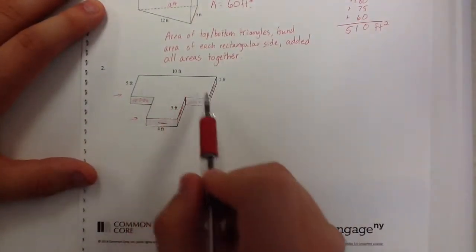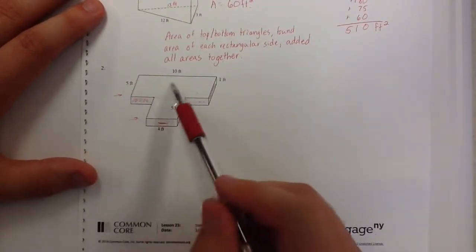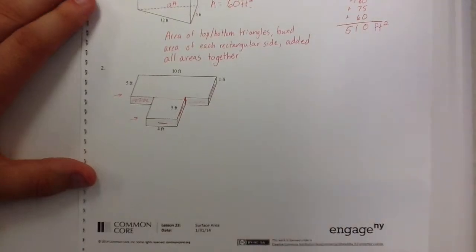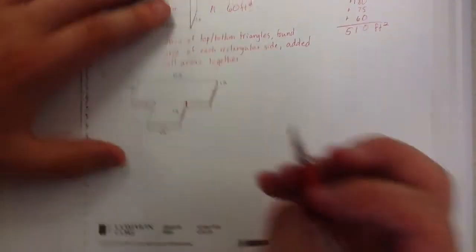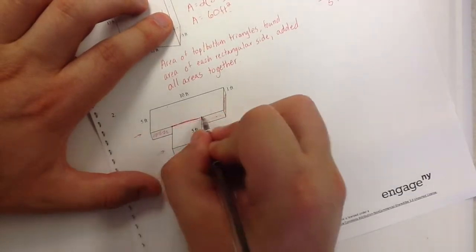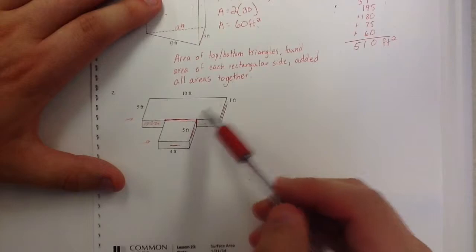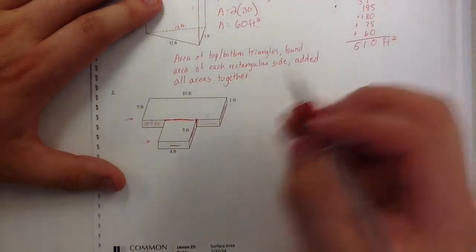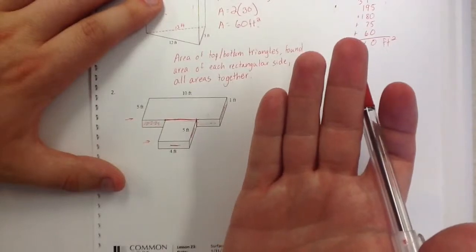As well as when we figure out the top, we're going to have to break this into 2 separate rectangles. This rectangle plus this rectangle. I think that's easiest, so let's do that first. Okay? So if we break this into 2 rectangles, we have this rectangle right here and this rectangle right here. This rectangle right here, the same thing is on the other side.